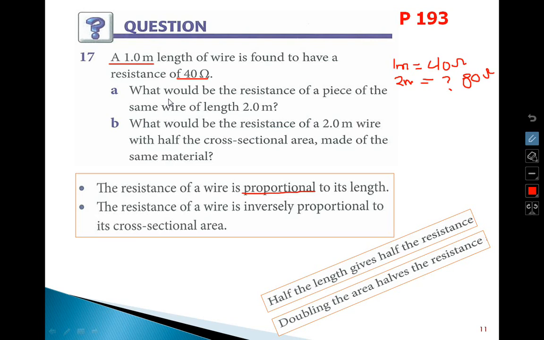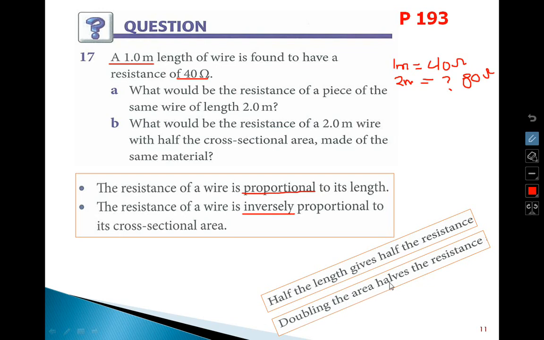Second one is its cross-sectional area. The resistance of a wire is proportional to its length, and inversely proportional to its cross-sectional area.